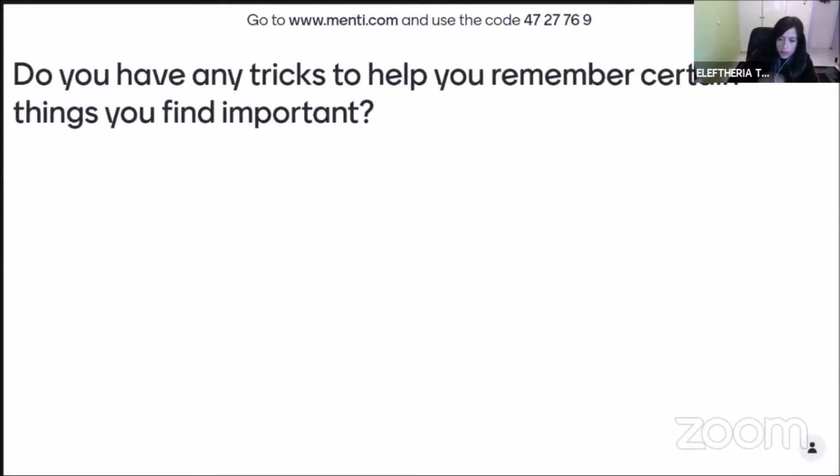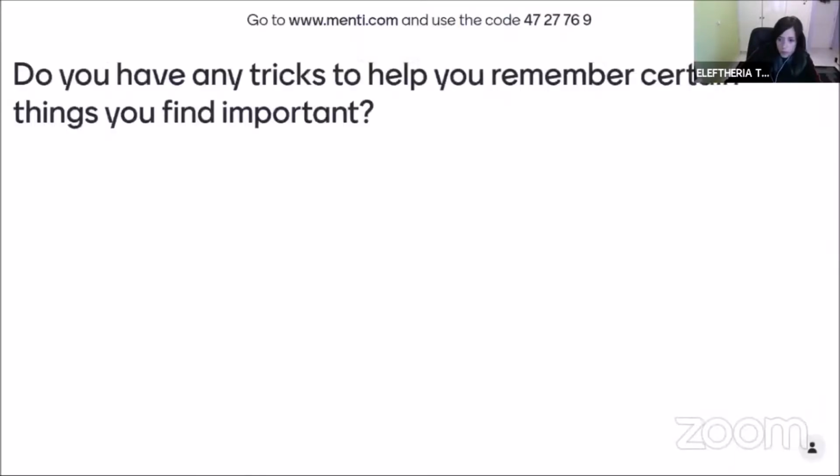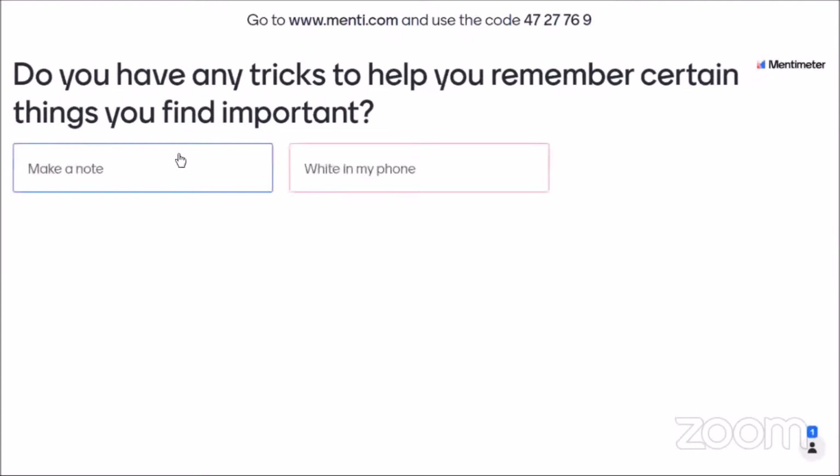Try the code that I added in the chat now. Does it work now, Yanis? Because I still cannot see anybody. Yes, it works fine. Okay.